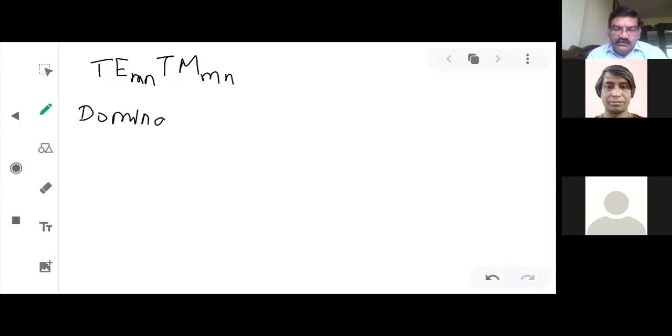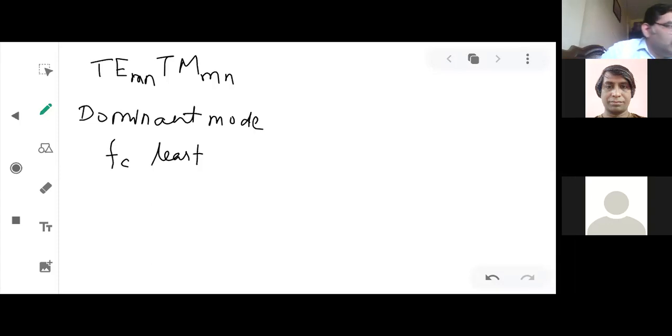Dominant mode. The dominant mode is that mode in a rectangular waveguide that has the largest wavelength, or you can say the cutoff frequency is least. A waveguide works like a high pass filter, so there has to be one least frequency, the cutoff frequency, below which the propagation of EM wave is not possible inside the waveguide.